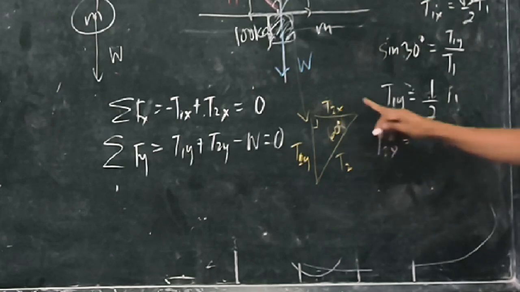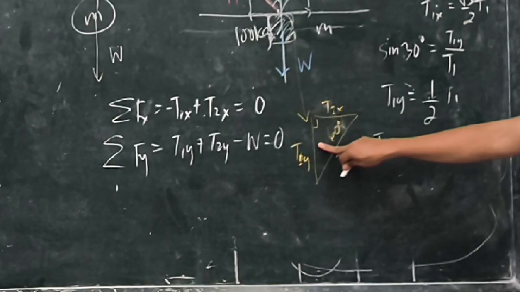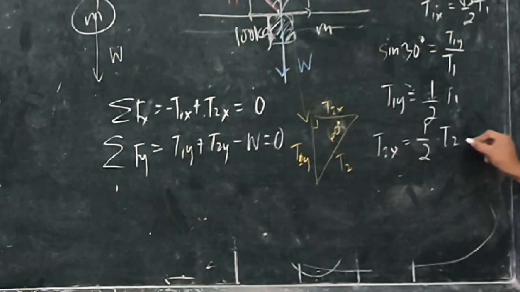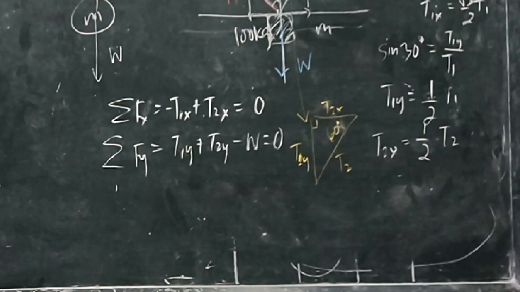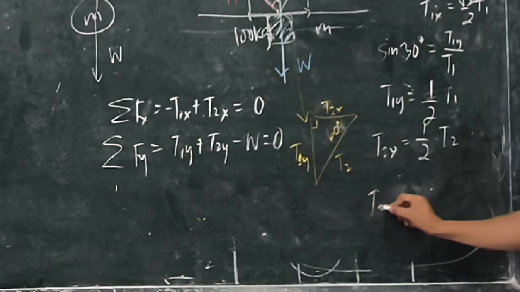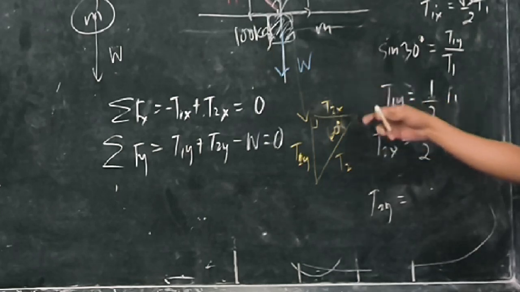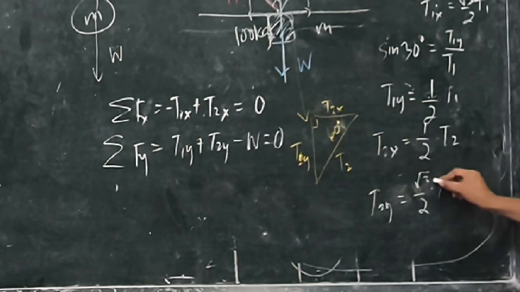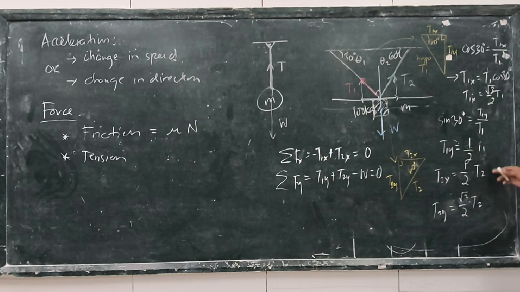T2x would be equal to T2 cosine of 60 degrees, which is 1/2. So this is 1/2 T2. Yes, cosine of 60 is 1/2. And then T2y, which is T2 times sine of 60, is square root of 3 over 2 T2. Okay? So we now have only two unknowns.